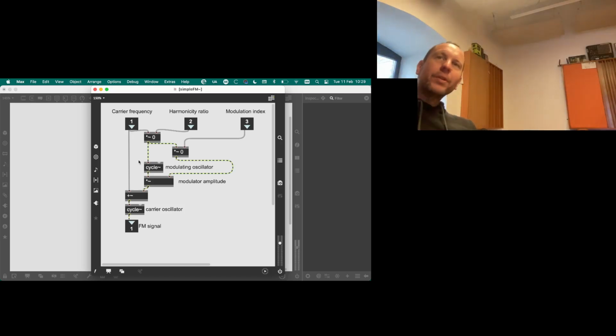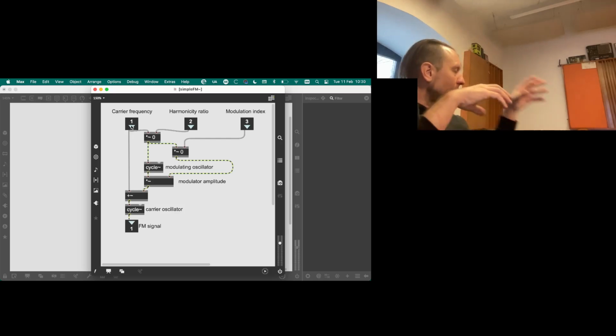But here the harmonicity ratio is actually the multiplier between the carrier frequency and the modulation frequency. So if the harmonicity is 0.5, then the modulation frequency will always be half of the carrier frequency.